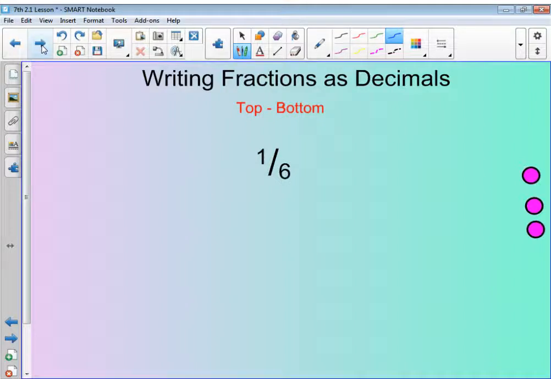So when I look at this, I'm going to look at it for the operation that it is, and that is a division sign. So I'm going to do 1 divided by 6. If I was going to do that longhand, it would look like this, which I'm not going to have you do today. We're going to work with our calculators.